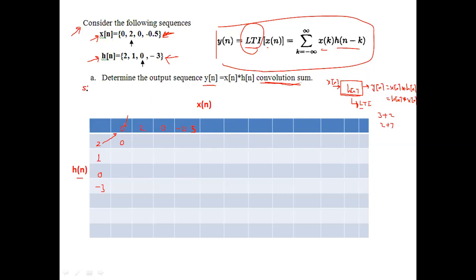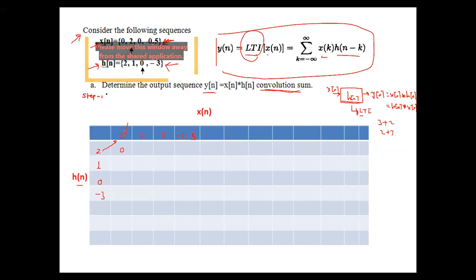step one, is multiplication. Okay, so multiply 2 times 0, we get what?